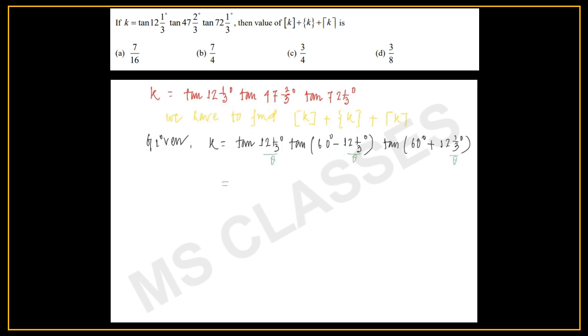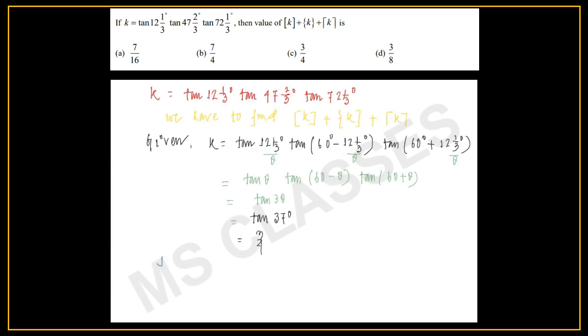So we have this in the form tan theta tan 60 minus theta into tan 60 plus theta. Now, according to the shortcut, we can say that this result will be tan 3 theta. Now, if we apply here tan 3 theta, we get tan 37, which is approximately 3 by 4.